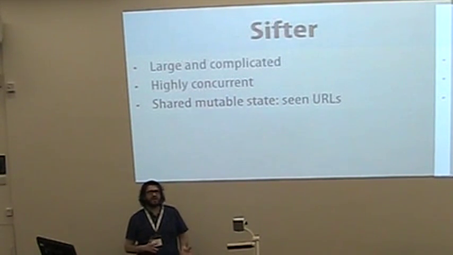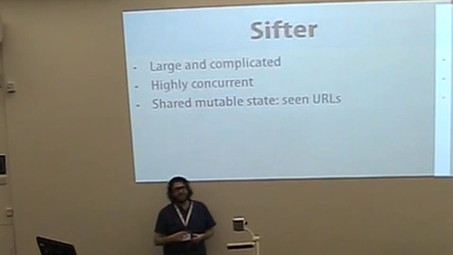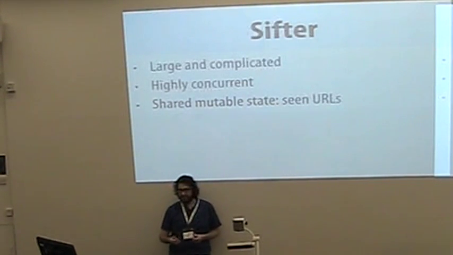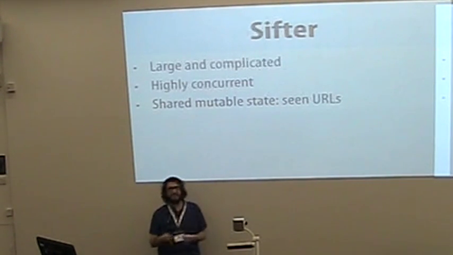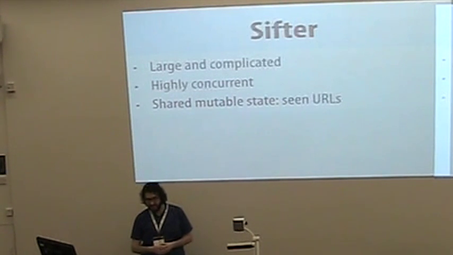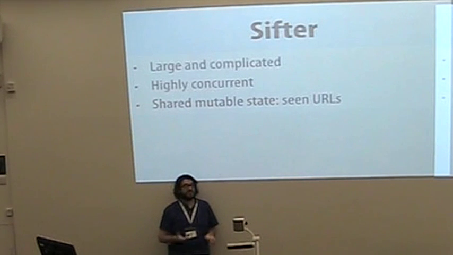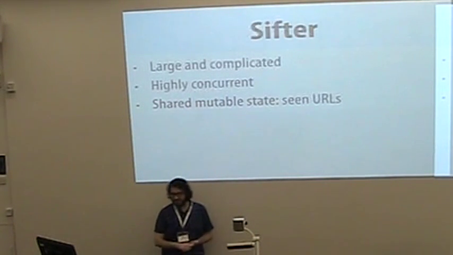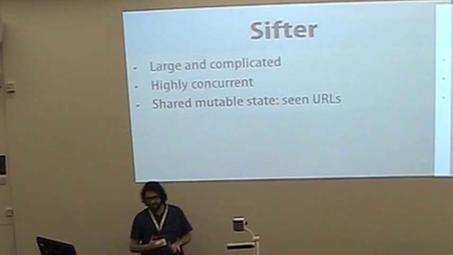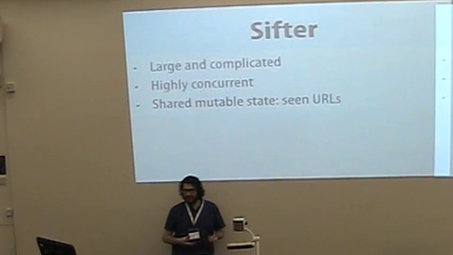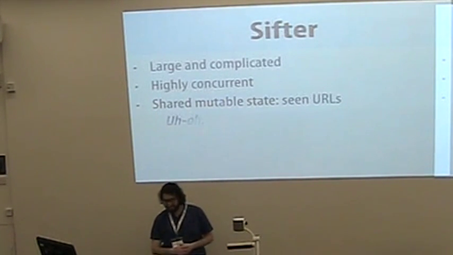And one of the bits I glossed over earlier was that we have to repeatedly crawl the same pages to find new stuff and find only the links that we haven't previously seen. So we have some state, some set of data, which is the set of URLs that we've previously seen. And that set of URLs has to be shared between these multiple concurrent processes, and it can be mutated by any of them as they encounter new URLs.